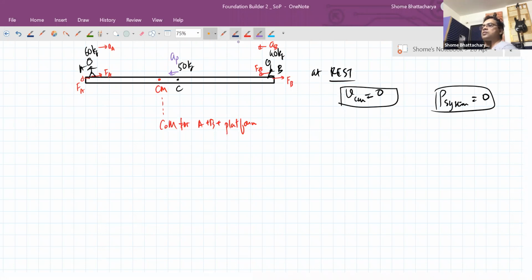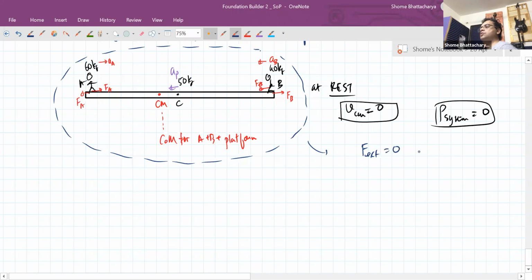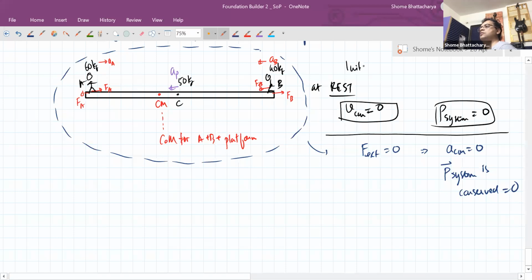But you will see that the net external force on the system is how much? It's 0. Net external force on the system is equal to 0. So acceleration of center of mass should be 0. Momentum of the system is conserved, and it is equal to 0, because initially it was equal to 0, and even later the momentum of the system will remain 0.